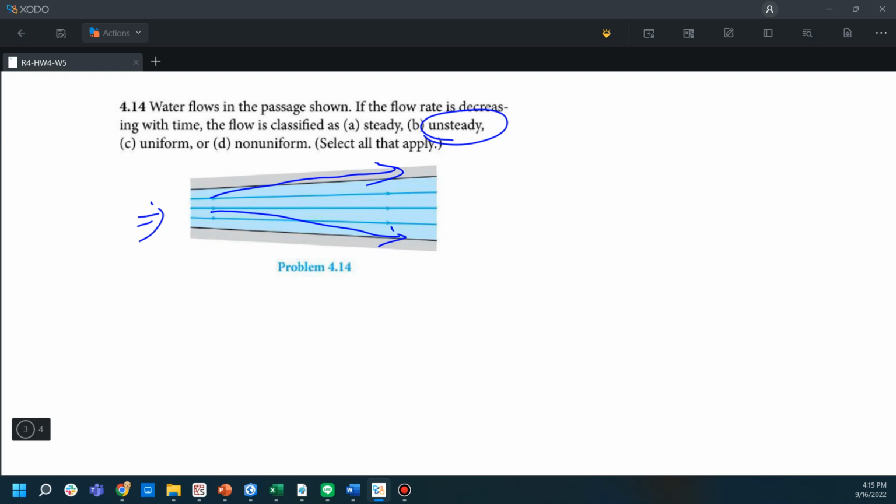So from that, we can tell the flow is non-uniform. So the water flow here in this tube is unsteady and non-uniform. Great.